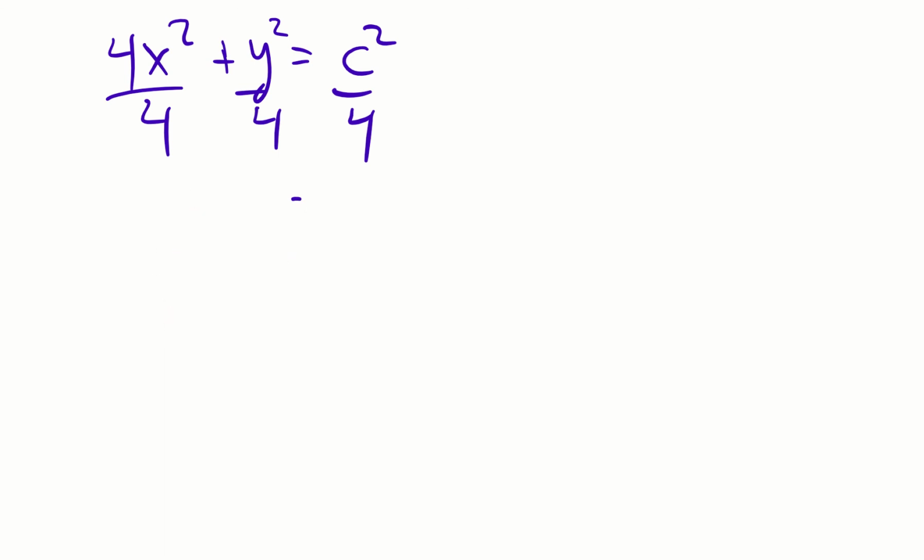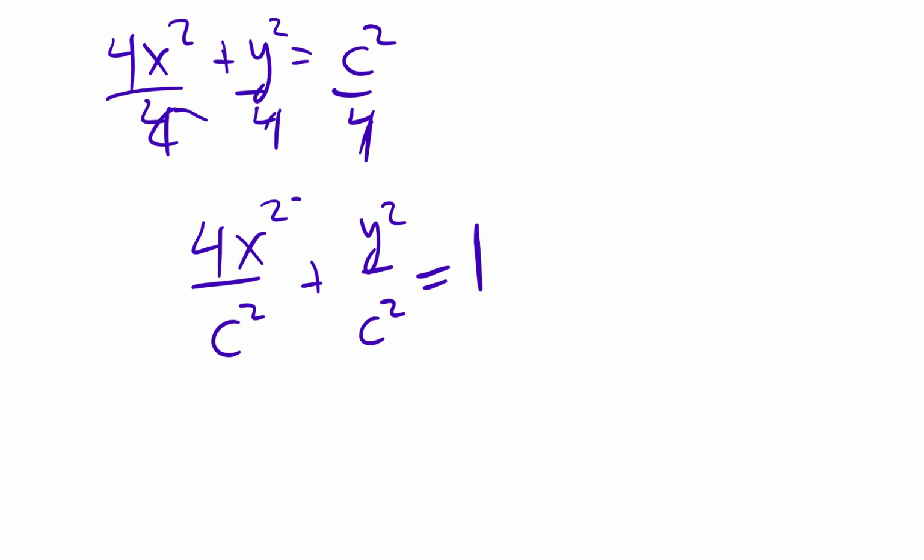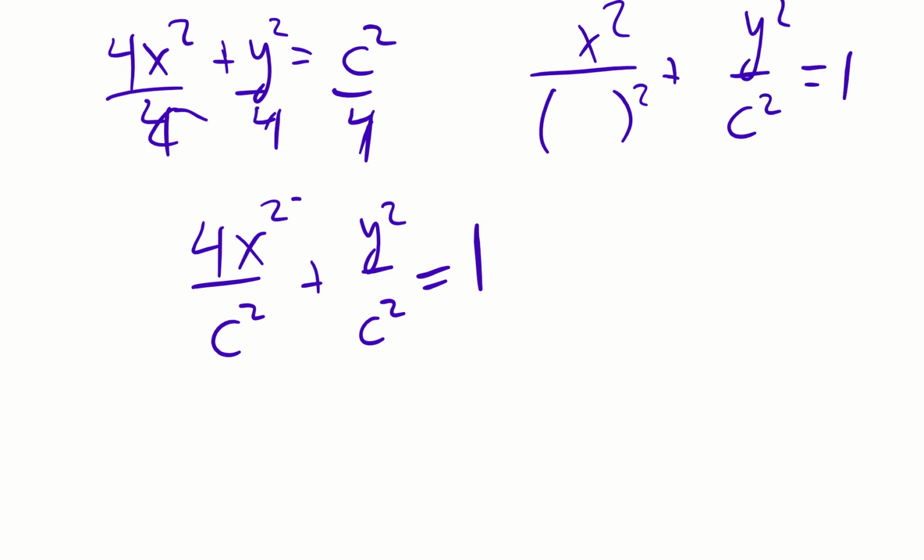You would get 4x squared over c squared plus y squared over c squared equals 1. Trying to put it in the standard form of an ellipse. This would be y squared over c squared equals 1. And then the x term here would be x squared over (c over 2) squared. You can check the algebra, but that's what it would work out to be.